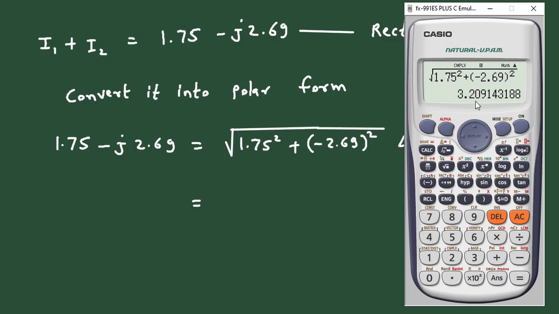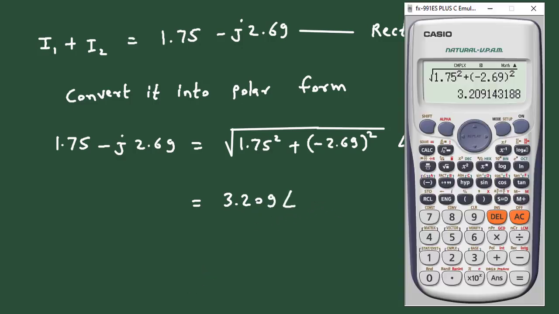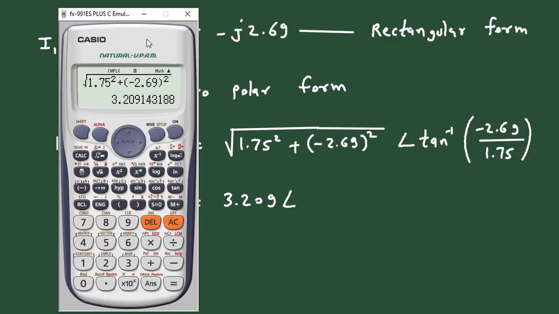So it is 3.209 at an angle tan inverse of minus 2.69 divided by 1.75.